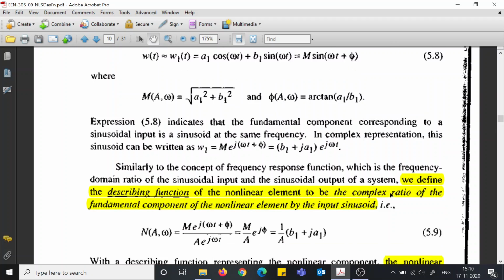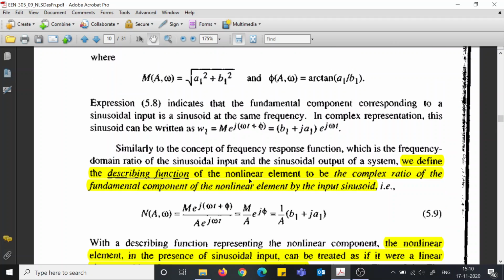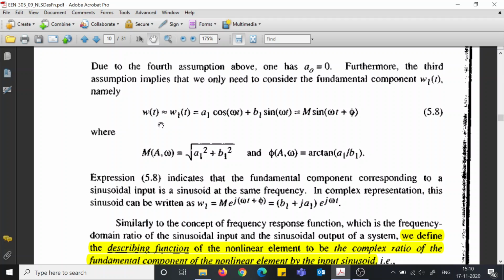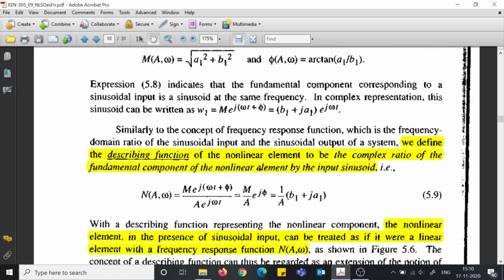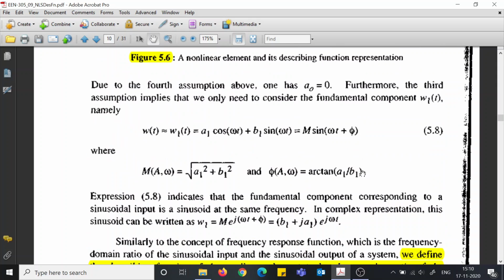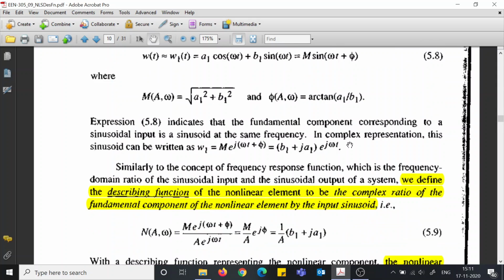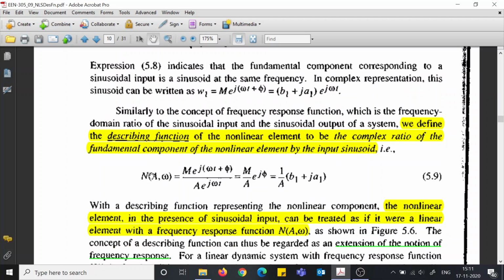So your describing function is the complex ratio of the fundamental component of the output divided by the input sinusoid. The input sinusoid is A sin omega t, and we have written it as A e to the power of j omega t.